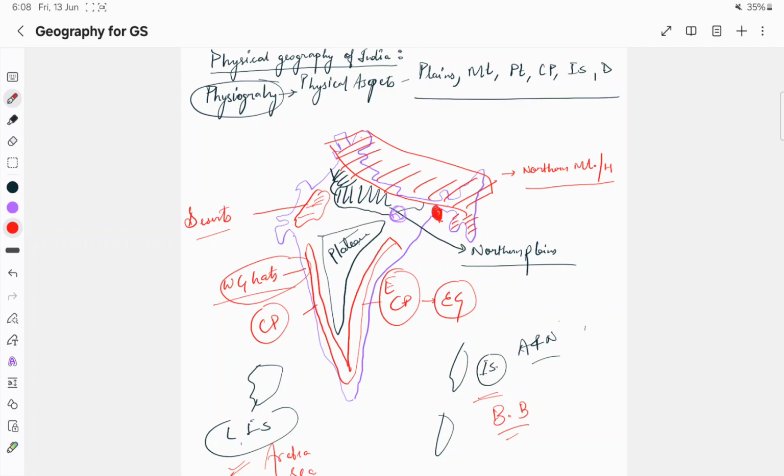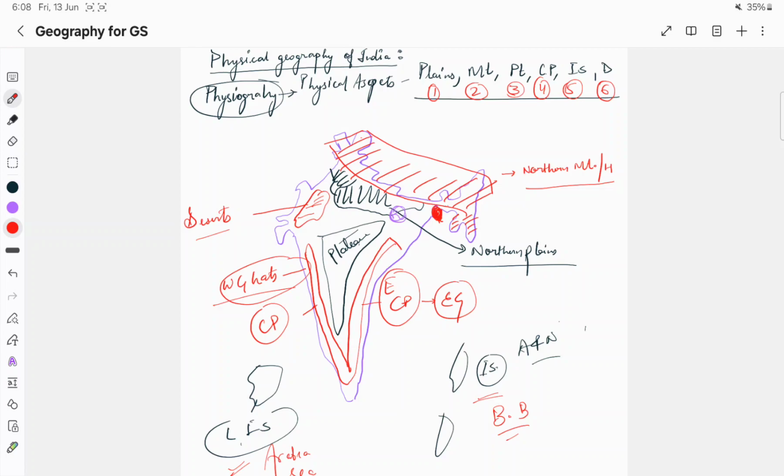Yesterday we started about physiographical divisions of India. We started physical geography of India, in which we looked at the six physiographical divisions, that is plains, mountains, plateau, coastal plains, islands, and deserts. One important thing, if you remember, I told you that in geography, keep things on your fingertips every time.